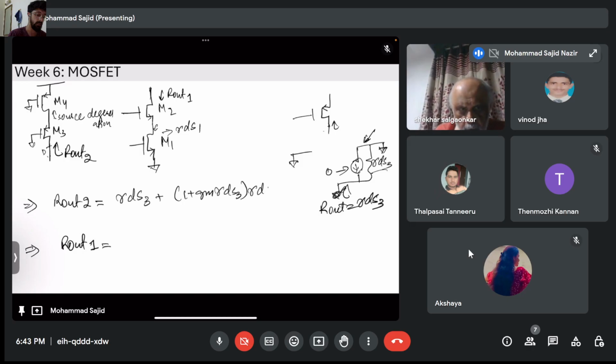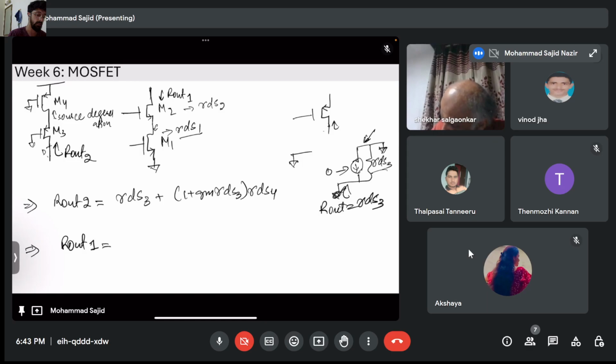Multiplication of RDS4, correct? Can anyone else tell me what will be R out 1? Let's wait if anyone else can answer this. It should be easier now. M2 is your main transistor, M1 is your source resistance. Here the source resistance is RDS1, and this has a resistance of RDS2. What will be R out 1?